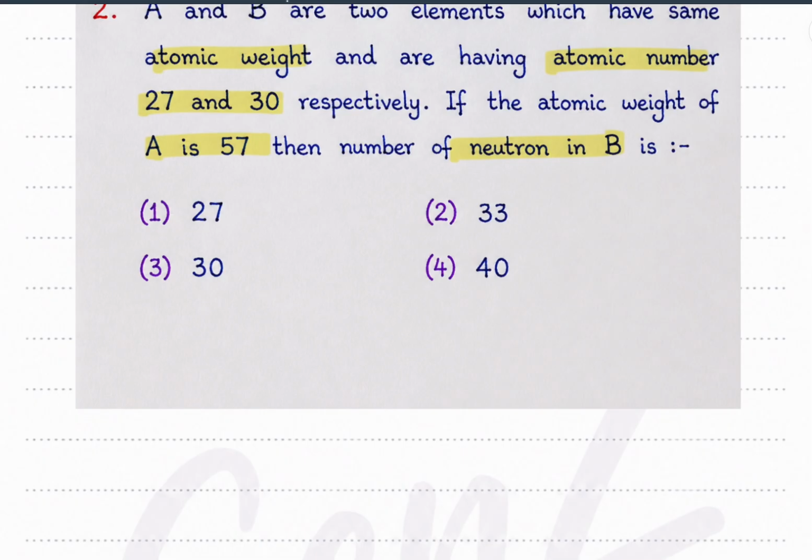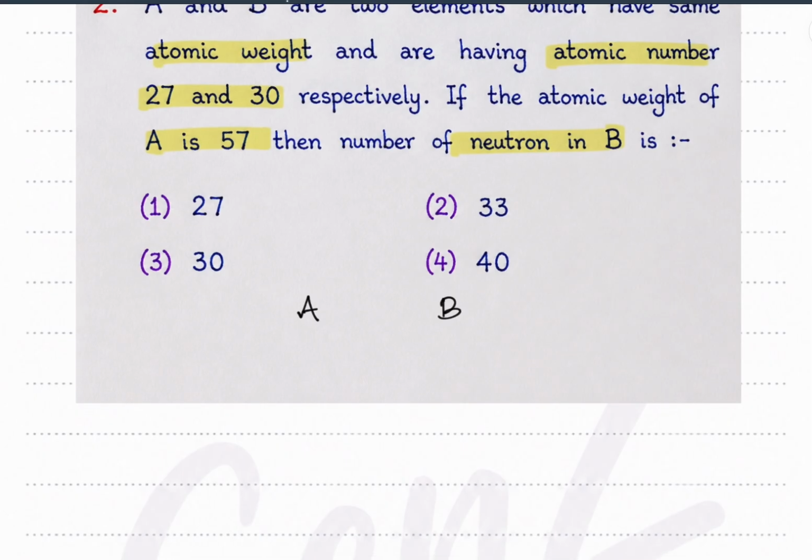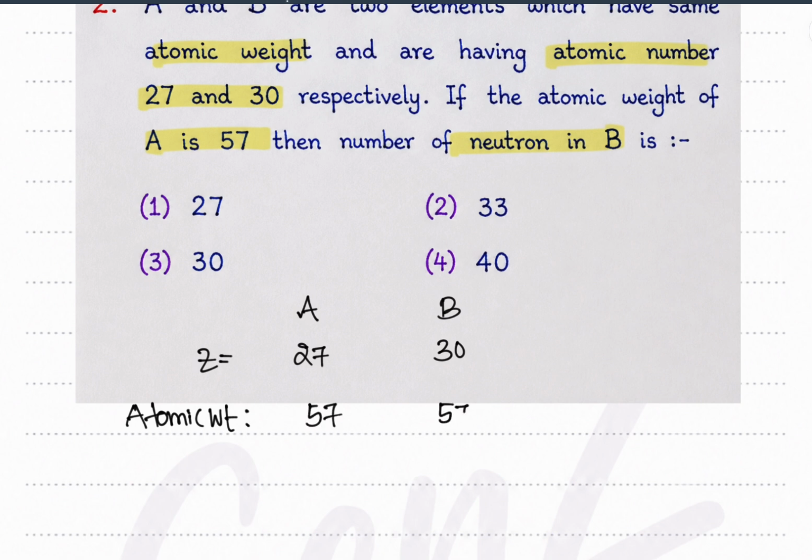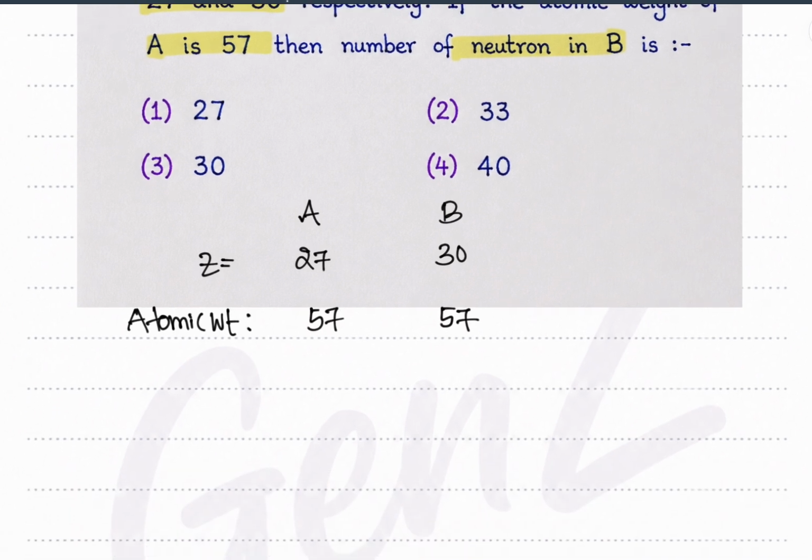Let us see, there are two atoms, A and B. Atom A has atomic number Z, that is nothing but 27, and atom B has atomic number 30. Both atomic weights are the same, 57 and 57, and it asks about the number of neutrons.